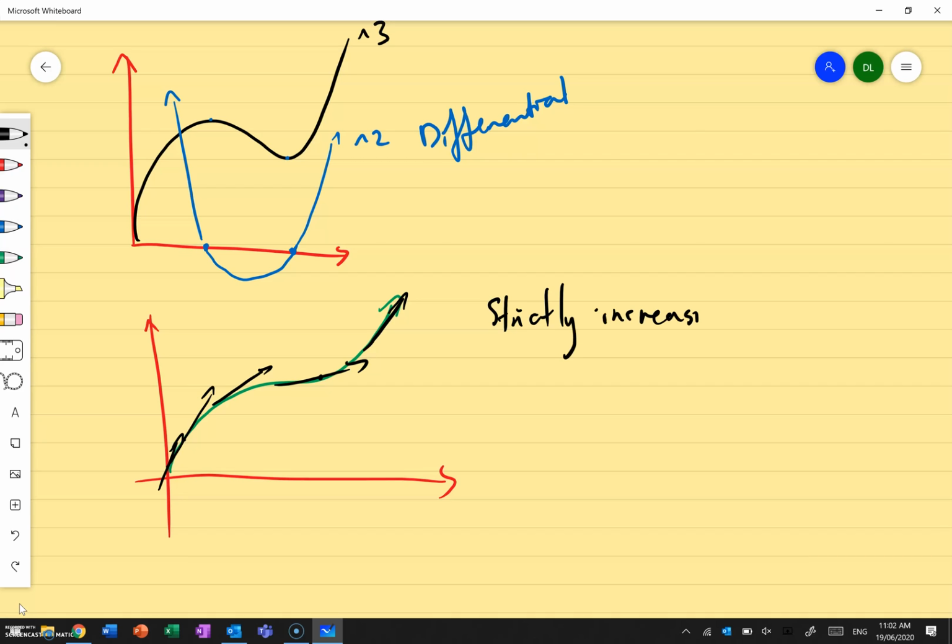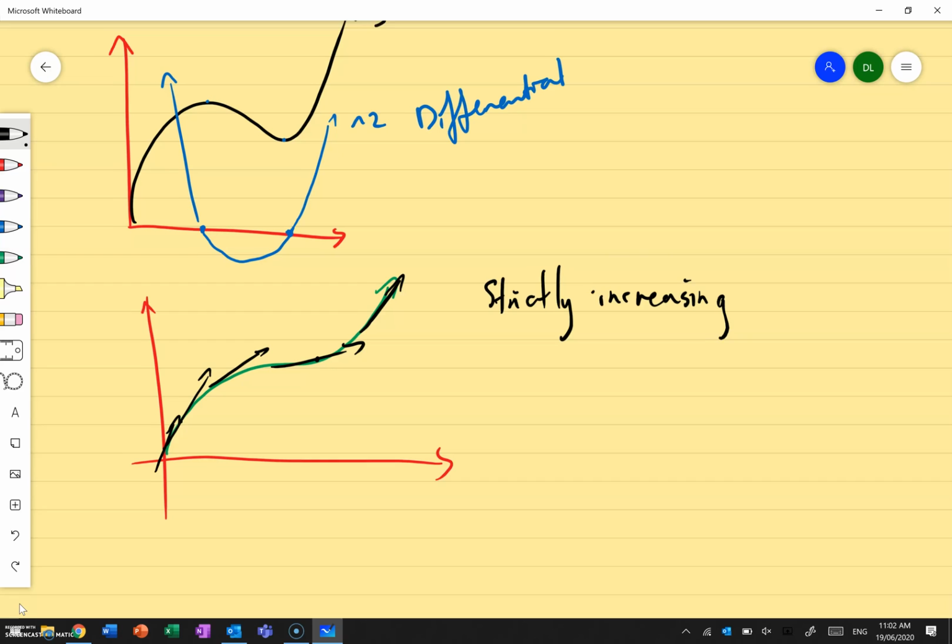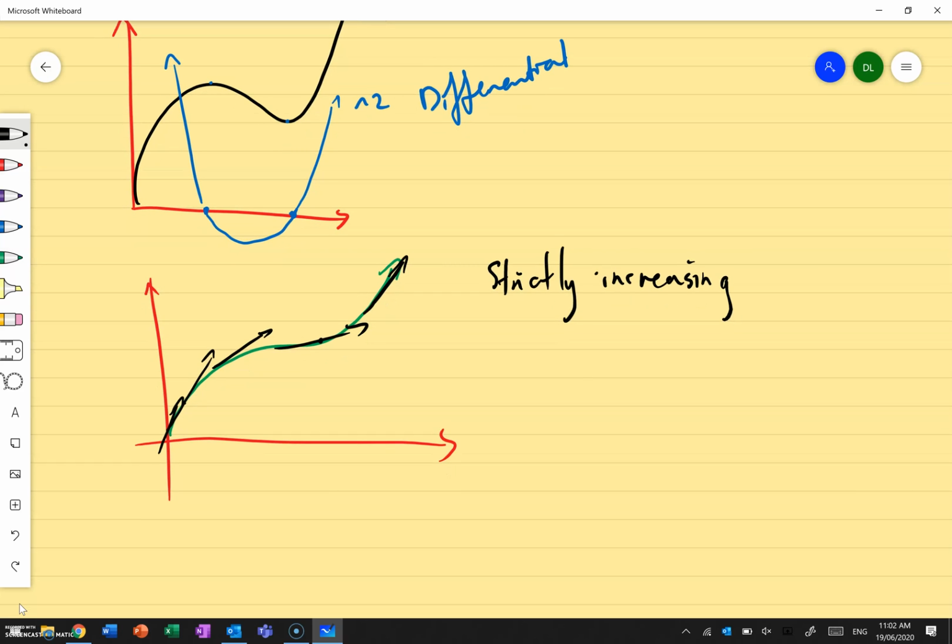Because for all values of x, my f dash x is going to be positive, or greater than 0. So no matter what point I pick, throughout all values of x, my gradient is going to be positive. Now, obviously, it's the other way for strictly decreasing.